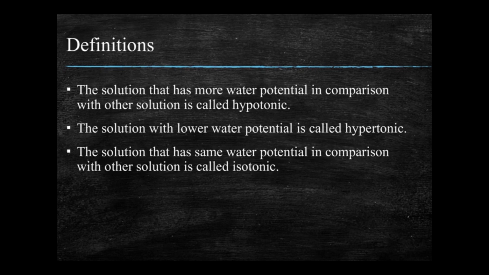It means in such a solution, the quantity of solute will be less. The solution with lower water potential is called a hypertonic solution. It means the quantity of solute in this solution will be greater than in the hypotonic solution. And the solution that has the same water potential in comparison with another solution is called an isotonic solution.